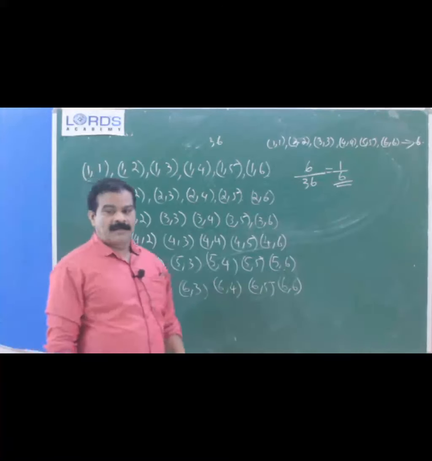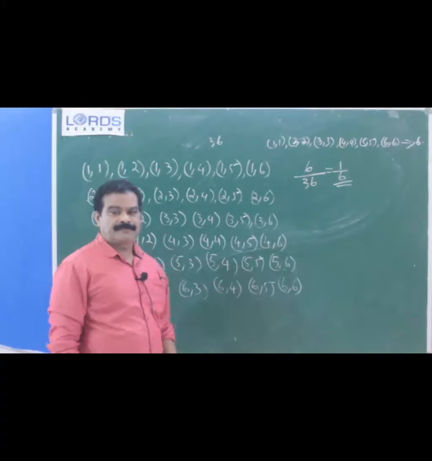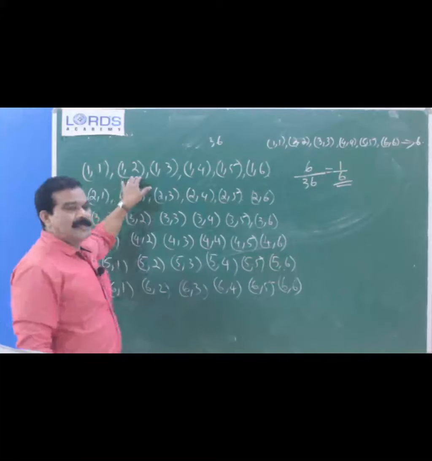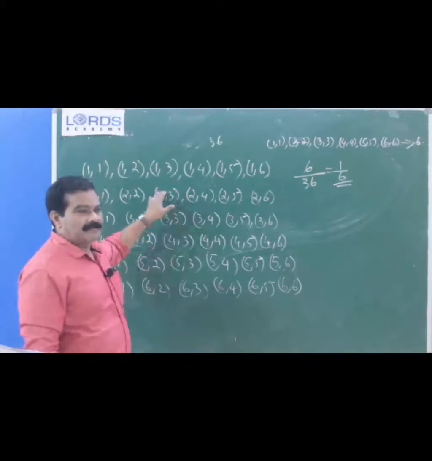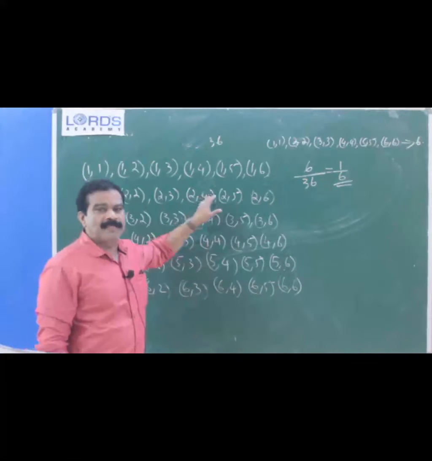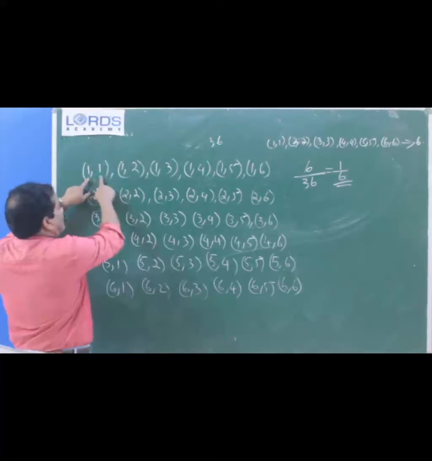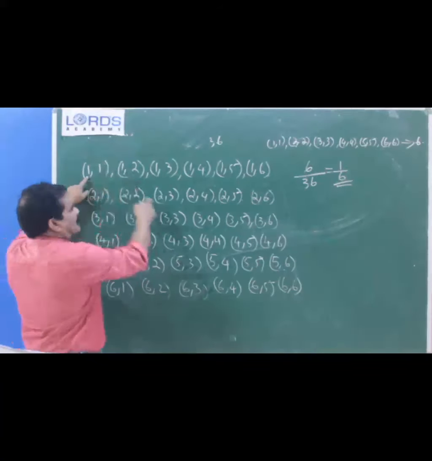Any doubt? No. So next, a number should be in each side less than 4. Less than 4 means this is 1 1, less than 4 on each side. We can take that one.